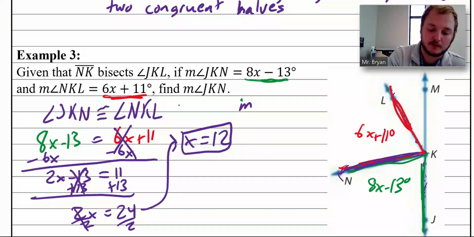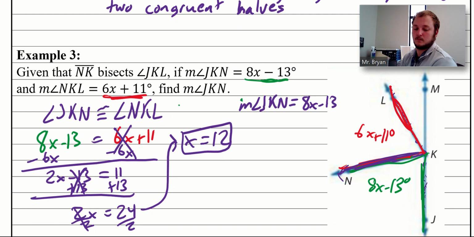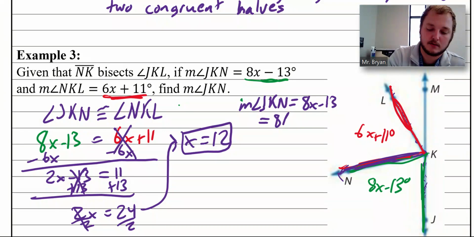Okay, so we know measure of angle JKN, as we were told, is 8x minus 13. And now we just need to plug in x. So measure of angle JKN is going to equal 8, and then instead of x, I'll plug in 12. I'm going to put parentheses around it anytime I plug something in. And then minus 13.